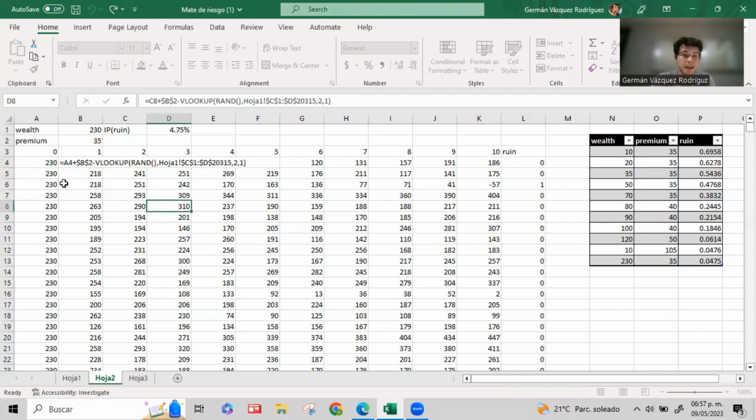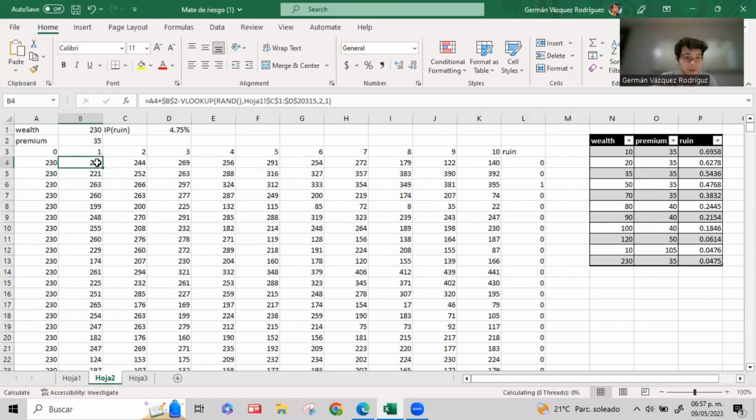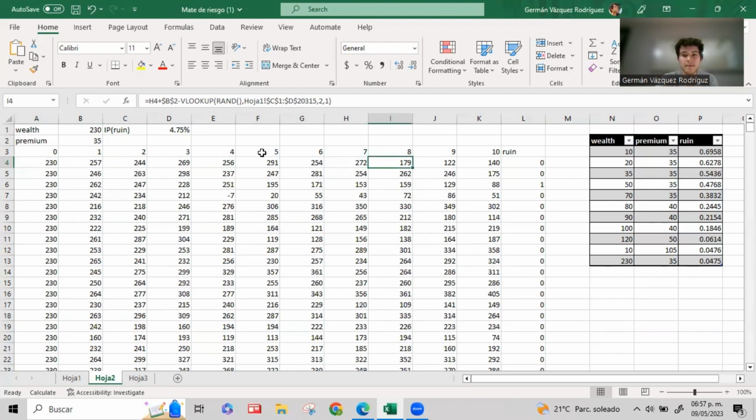So by doing that, we get a certain number. Here, for example, on the first experiment, we gain and go on, right?